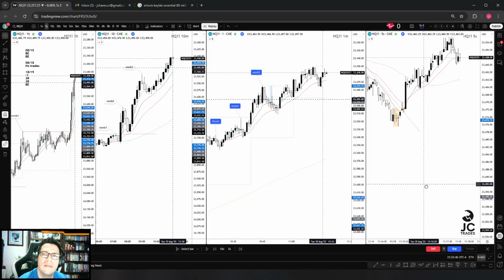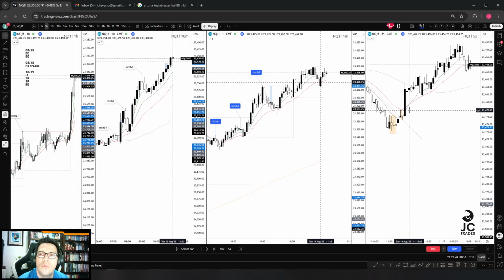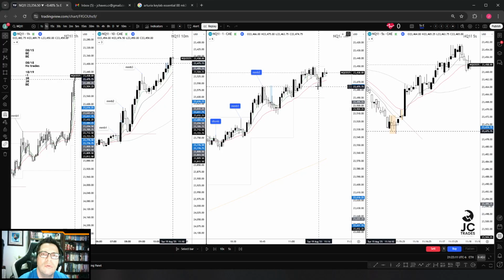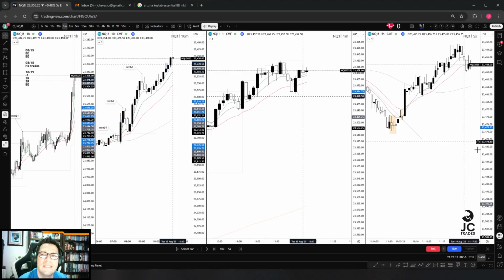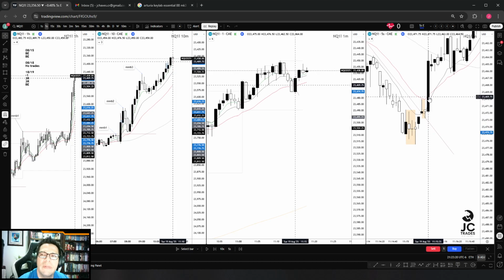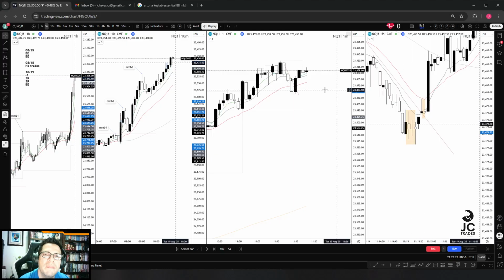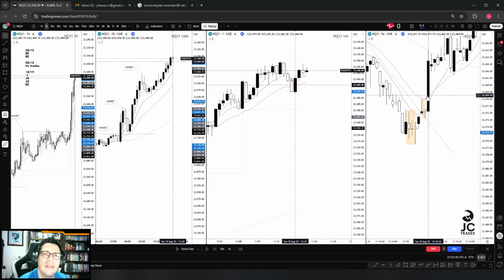So in this case, this one again seems to work, and actually very nicely, but again, due to my rules, I am positive that I would have probably kept myself out of this one due to the fact that we were here below, and just let's see, the tap-in actually would have been right here, just coming back a little bit over the EMA at that point.